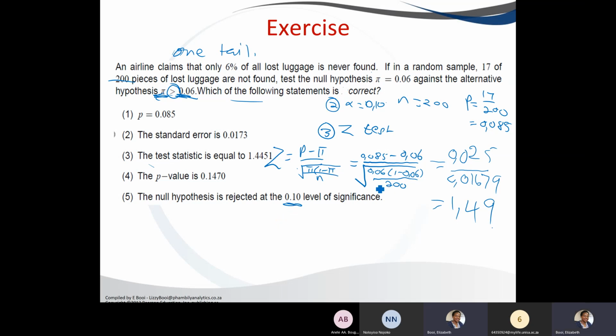Maybe I should leave it at 3 decimals. Otherwise, it's fine like that.